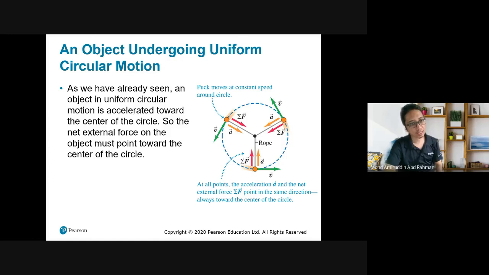So the net external force on the object must point toward the center of the circle.